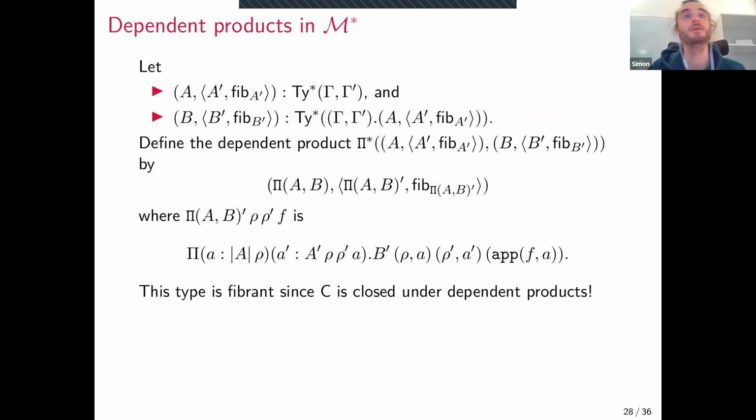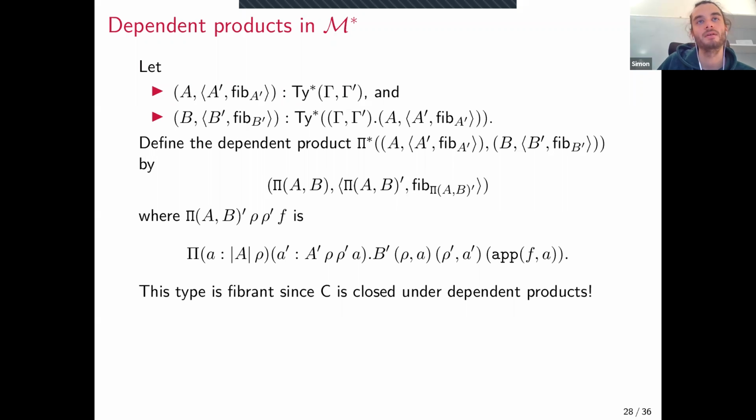I'm running out of time. Right, so let me just quickly sketch how dependent products work. Assume we have a type in gamma, gamma prime and a type B in the extended context. How do we define the product? This is again a pair, always a pair of stuff in M. So this is the pi type in M, and the predicate on the closed terms of the pi type is given as follows.